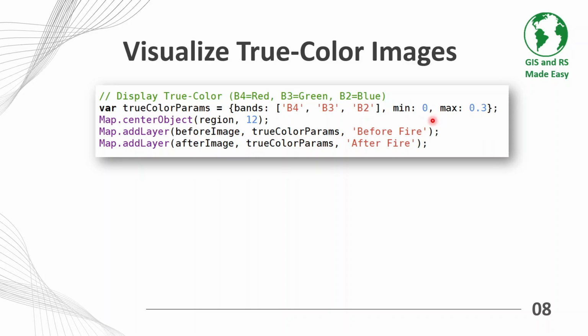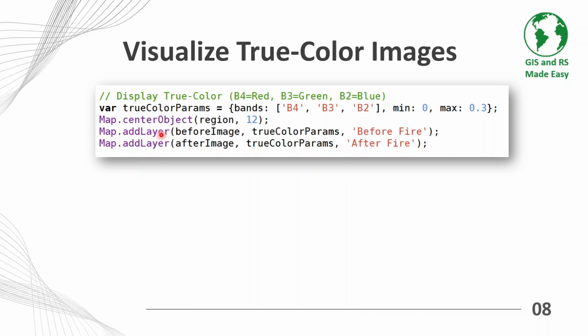For the minimum value we usually use 0, and for the maximum value we use 0.3, but we can change that later as per demand. Then we need to center the map to our object, that is region, and we inserted 12 as the zoom level.